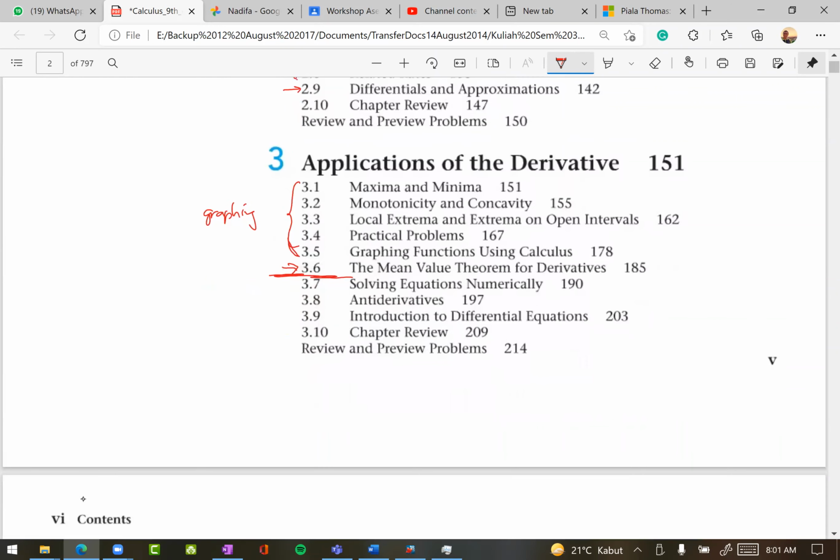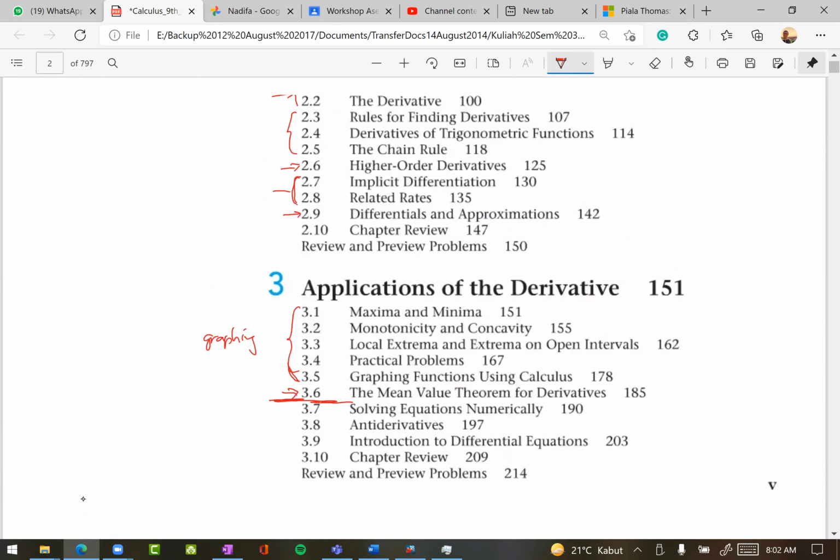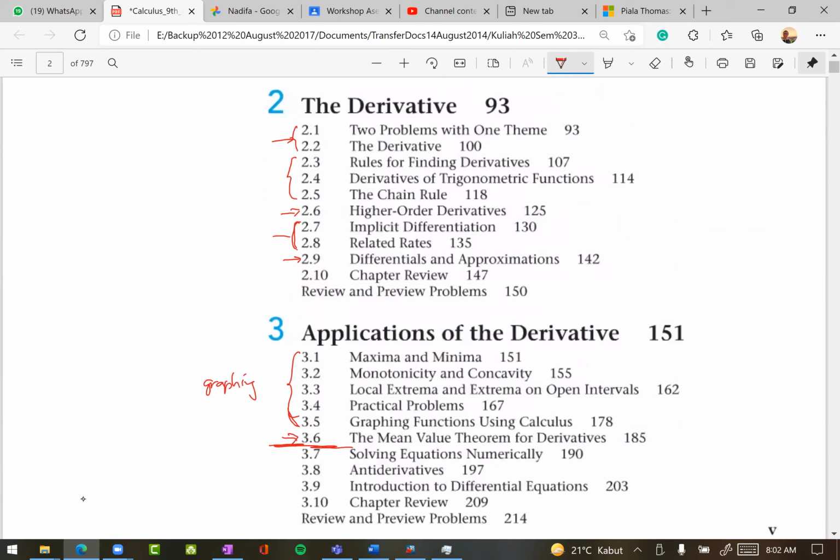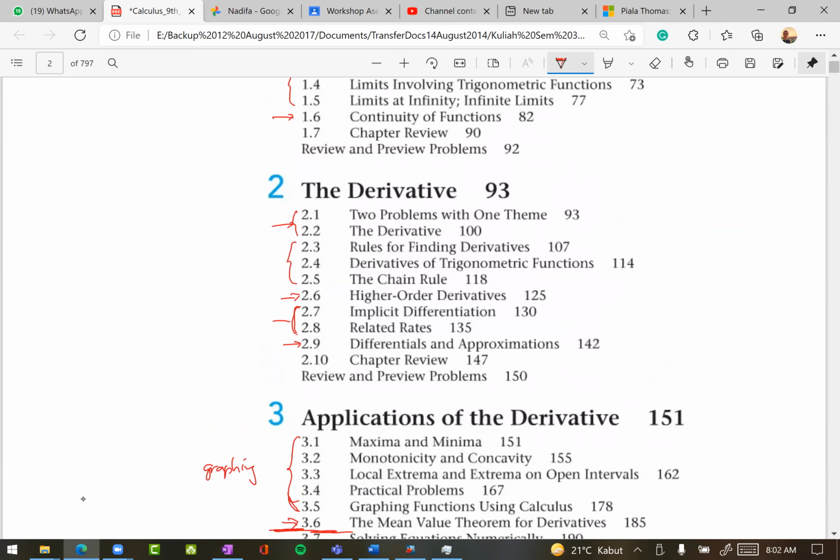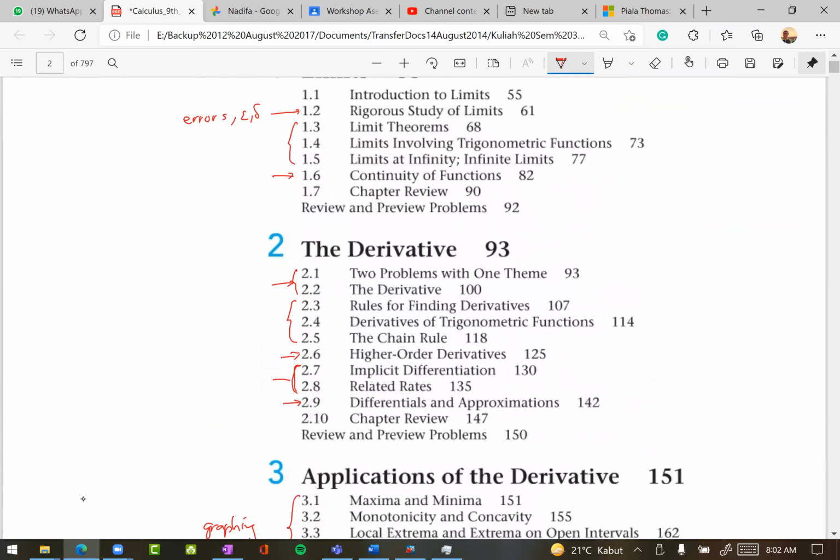Okay. Questions? How about computing errors with limits? Computing errors in limits, the one with epsilon. All right, so there are two notions of errors.